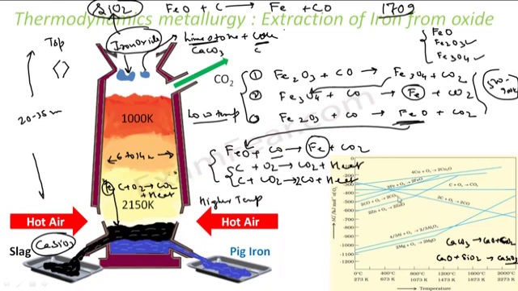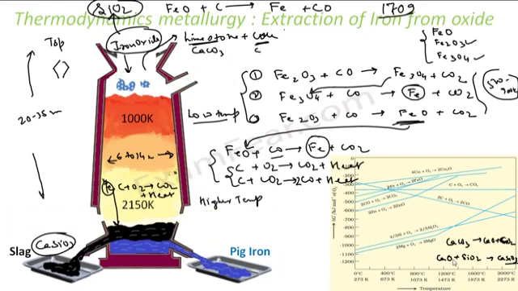These two lines meet at a temperature of this, right? That means anything above this is required to reduce the FeO, iron oxide, and we use a higher temperature. Okay, so this is what happens.